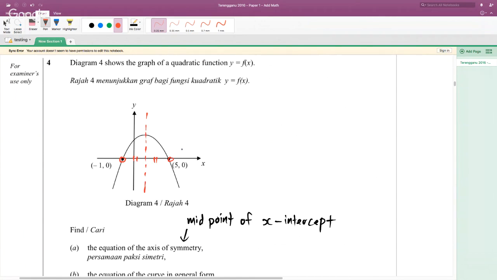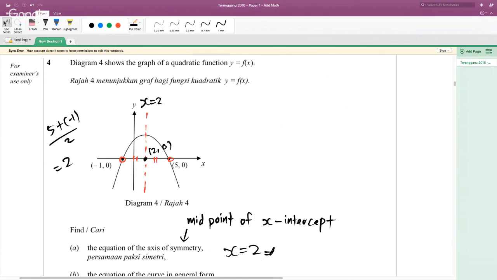I will do 5 plus negative 1 over 2 to find the midpoint. So the midpoint will be 2. So it is x equals 2, isn't it? Because it touches at 2, 0 here. So I will say the axis of symmetry is x equals 2.